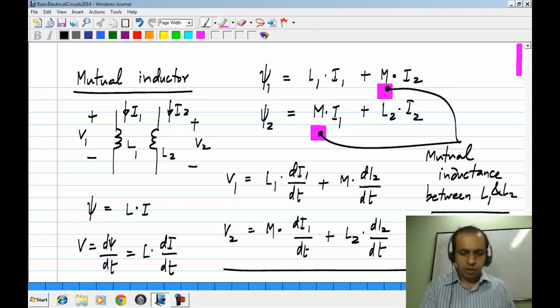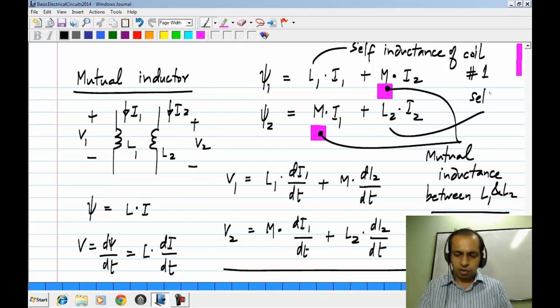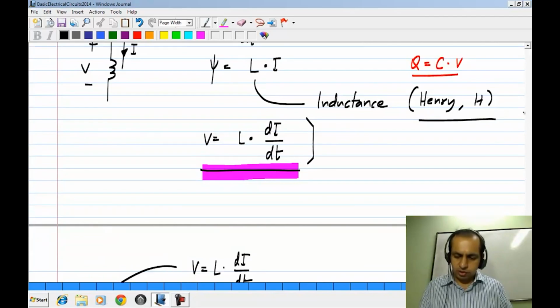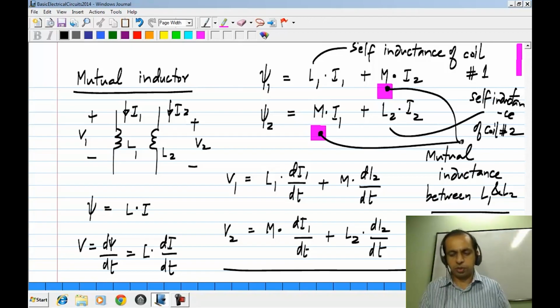Okay. This L1 is called the self inductance of coil number 1, and L2 is called the self inductance of coil number 2, and this M is called the mutual inductance between these coils.